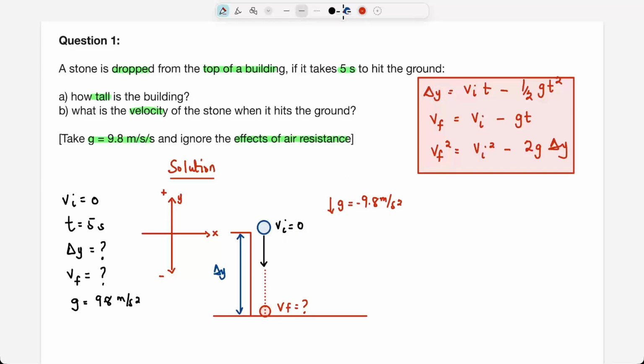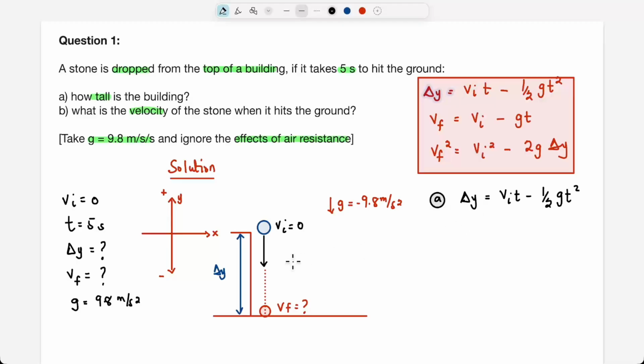In choosing the first equation to use, we need to find out what we have. Here we know the initial speed, we know the time, we know the acceleration, we don't know delta y, that is equal to the height of the building. So for part A, we are going to use delta y equals Vi t minus 1/2 g t squared.